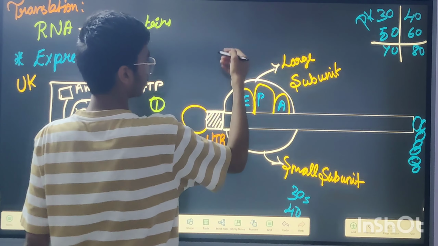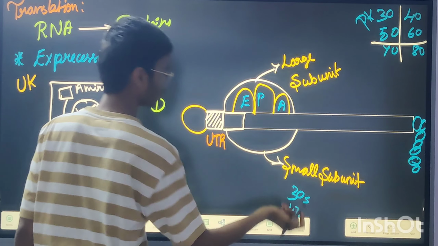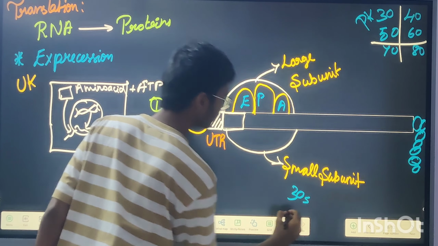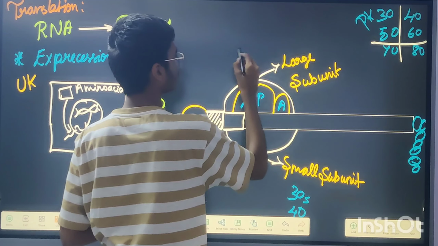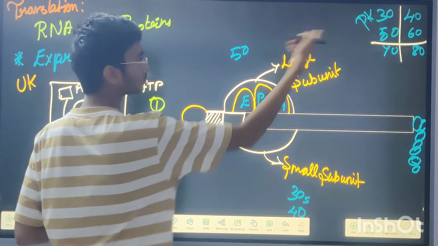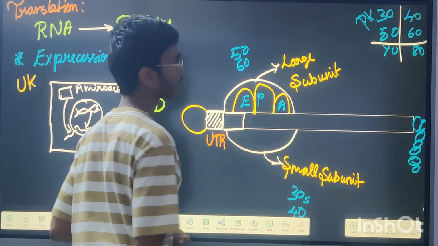For the large subunit, prokaryotes it will be 50S, and for eukaryotes it will be 60S.